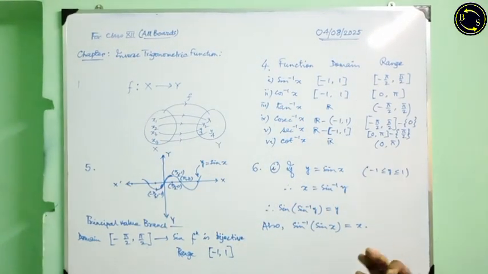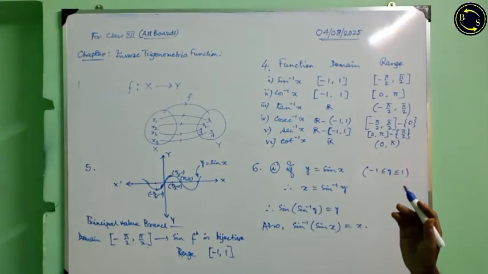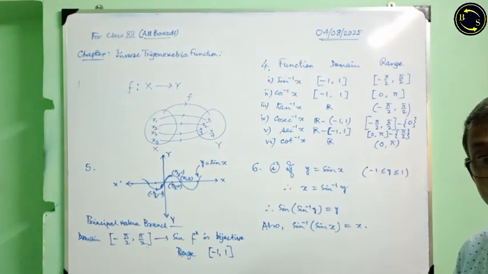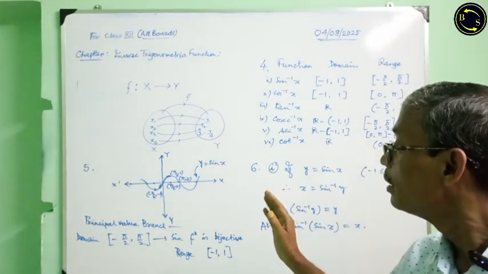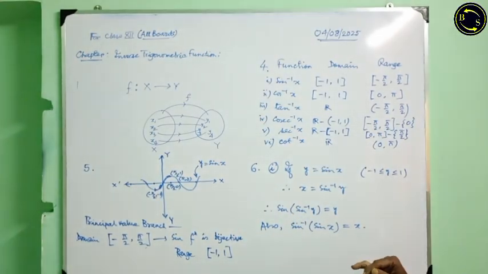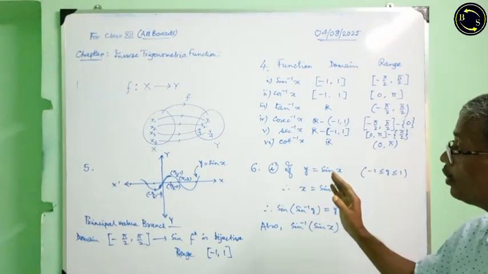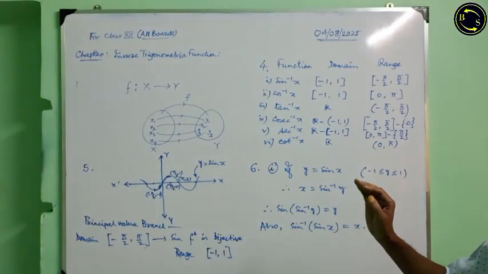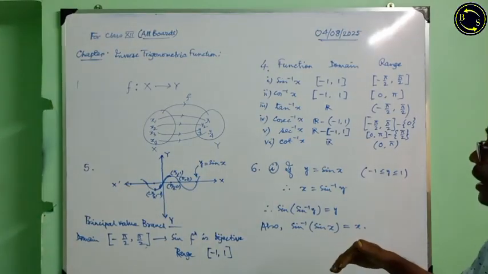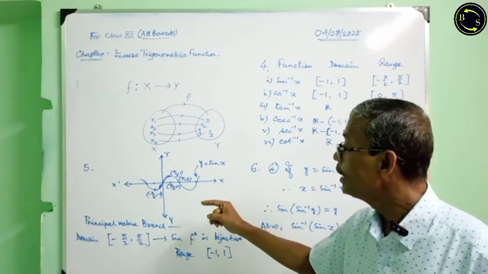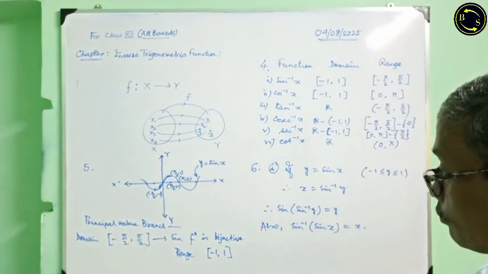Remember this thing, I have already discussed, we have split the whole real set, that is the domain, into different smaller intervals in which the function is invertible, that is one-one and onto.